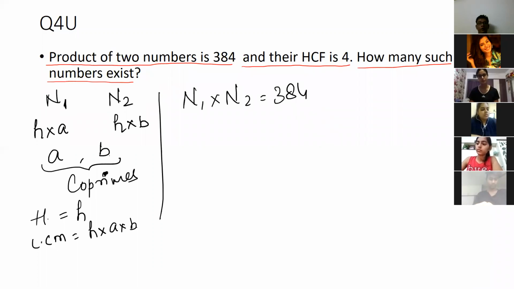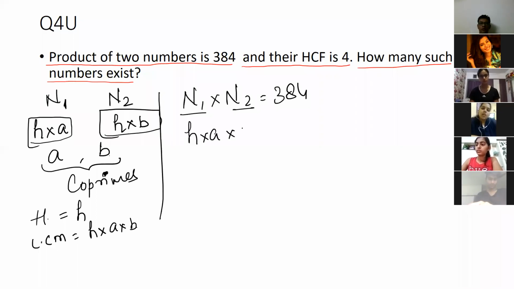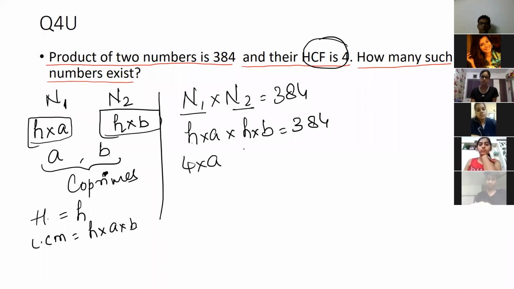Now if N1 into N2 is 384, then I know that N1 and N2 can both be written in the form of H into A and H into B. So I can write this as H into A into H into B is 384. So what is H for me? H is nothing but the HCF. And do I know the value of HCF? I know the value of HCF is 4. So I can say 4 into A into 4 into B is 384.